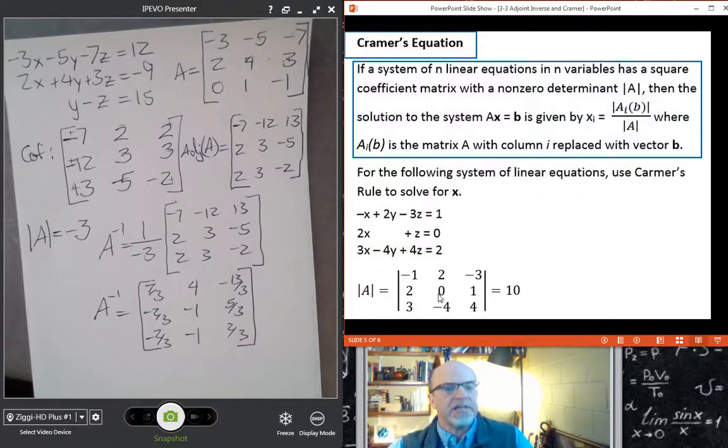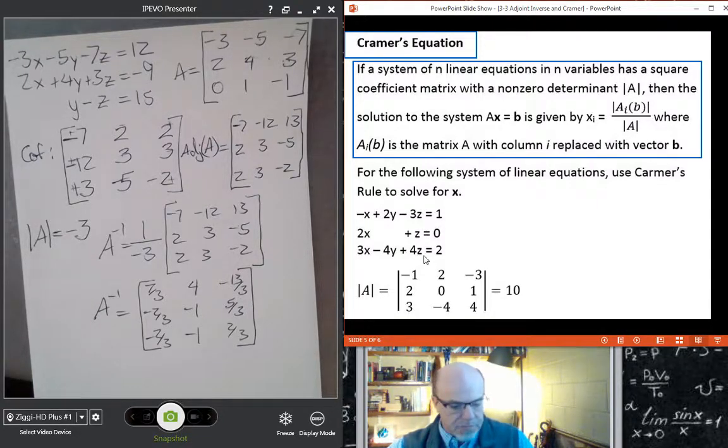We can calculate the determinant of this, and that's 10. So the determinant of the coefficient matrix is 10, and we're going to use that in the denominator of the equation to calculate the value of x, the value of y, and the value of z.